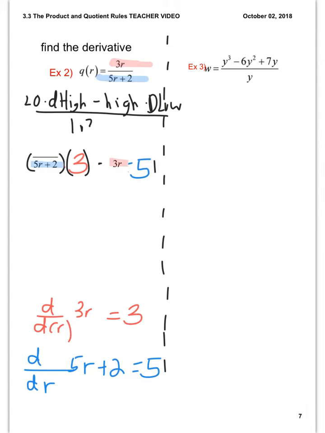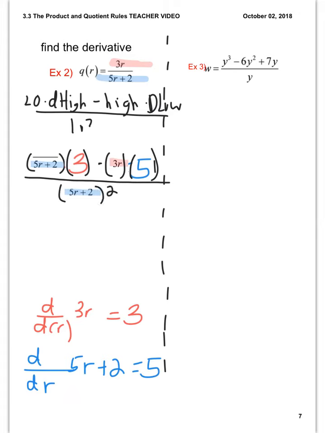And again, to emphasize that, I'm going to put that in parentheses. And then we have to divide all of that by the lower function squared. So our lower function, again, was just 5r plus 2, and that's going to be what we put on the bottom, and then we have to square it.